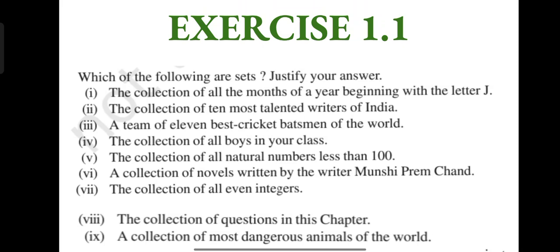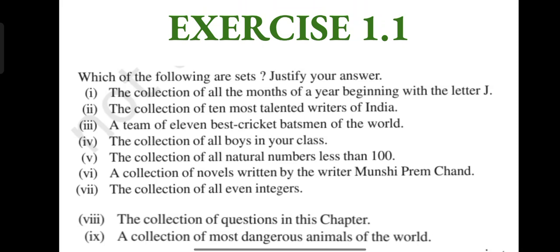And the collection of most dangerous animals of the world. Okay, some people will be phobic to some animals, isn't it? Some are afraid of dogs, some are afraid of snakes, some are afraid of spiders, cockroaches, etc. And when we ask them what is the most dangerous animal, people who fear dogs will tell dog is the dangerous animal.